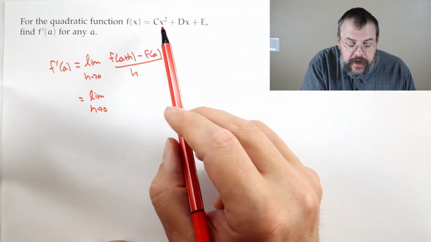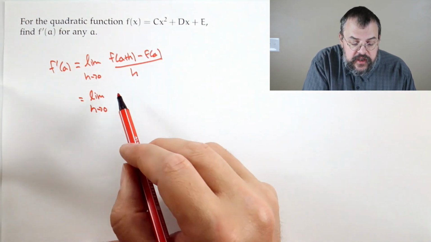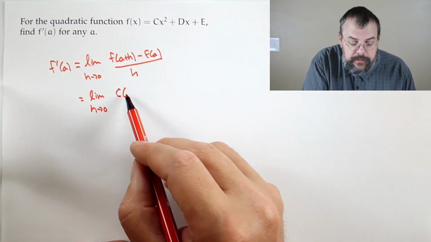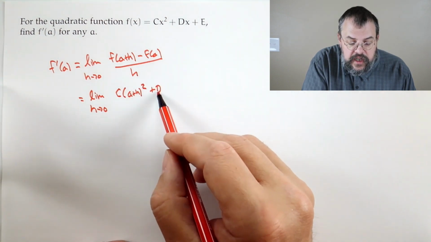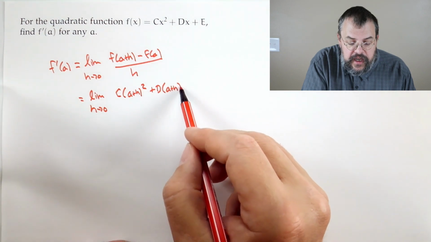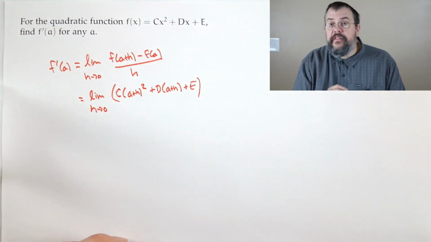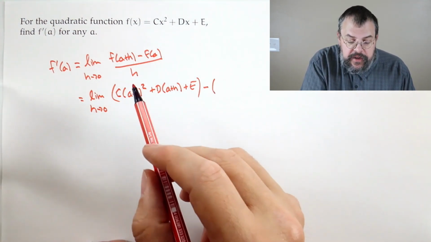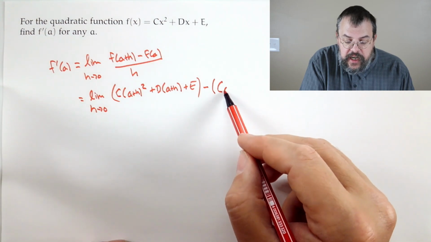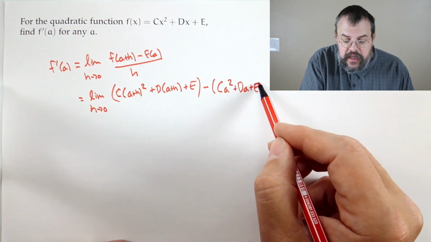So everywhere I currently see an x, I'm going to replace that x by a plus h. So c times (a plus h) squared plus d times (a plus h) plus e. That is my f of a plus h. Minus, now I'm going to plug in a. c times a squared plus d times a plus e.